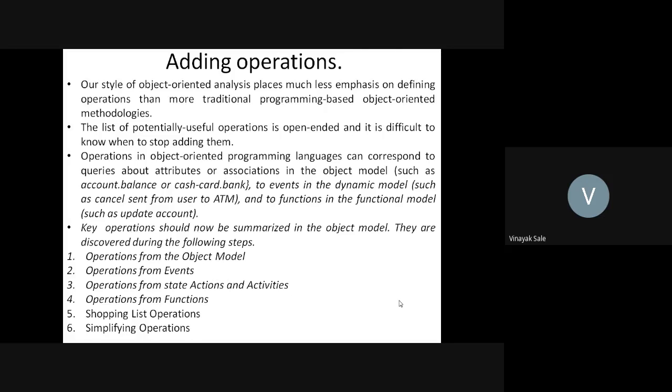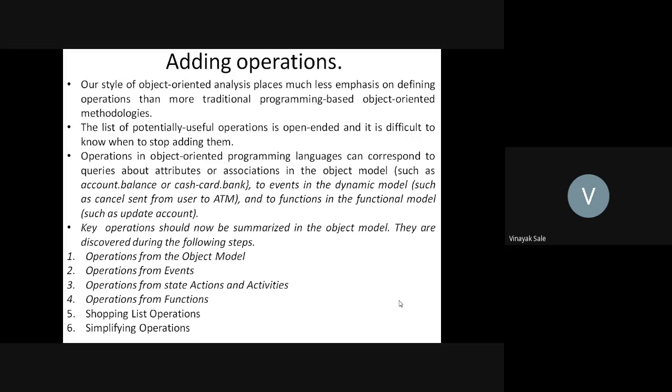Next point is adding operations. Our style of object-oriented analysis places much less emphasis on defining operations than more traditional programming-based object-oriented methodologies. The list of potentially useful operations is open-ended, and it is difficult to know when to stop adding them.